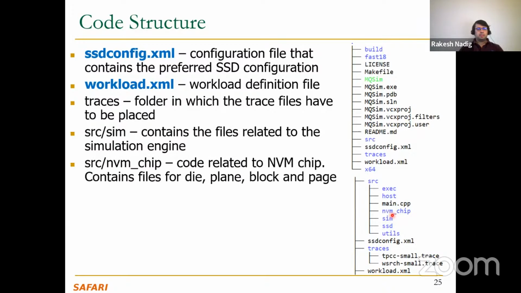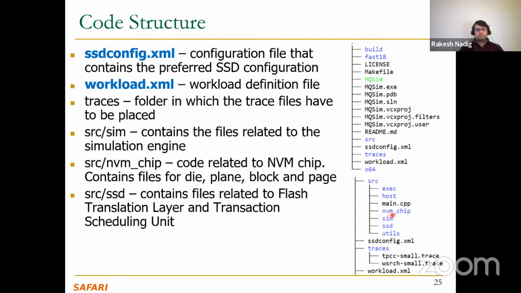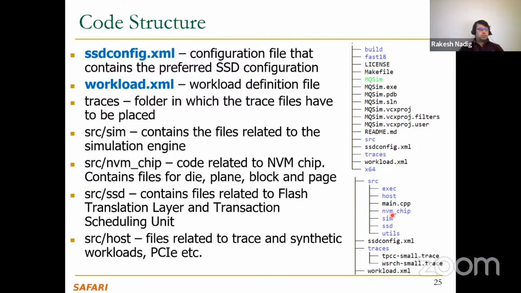The NVM chip folder contains code related to the NVM chip, mostly the back end of the SSD, and it contains files for die, plane, block, and page. The SSD folder inside the source folder contains files related to the flash translation layer and the transaction scheduling unit. And the host folder contains files related to trace based workload generation and synthetic workload generation, and also the PCIe protocol, which connects the host to the SSD.